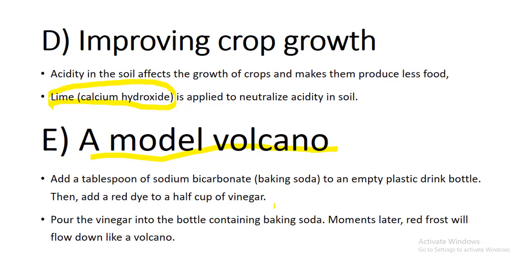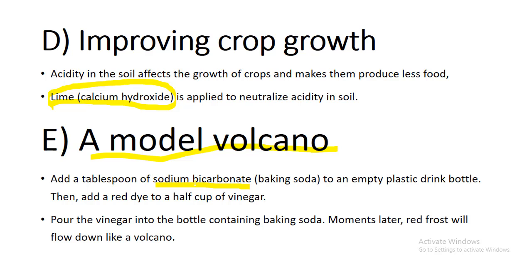You mix the red dye with vinegar, and you put that in a drink bottle, and then you take a tablespoon of sodium bicarbonate and add it, and later on you see these two substances reacting: vinegar, which is an acid, and sodium bicarbonate, which is an alkali.